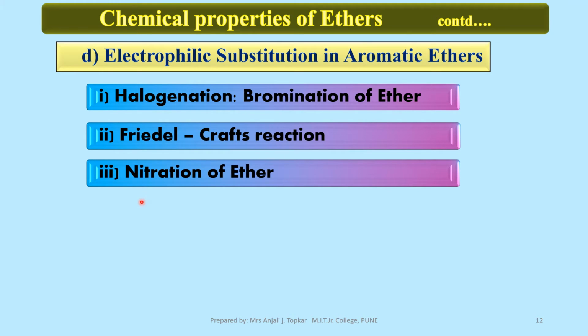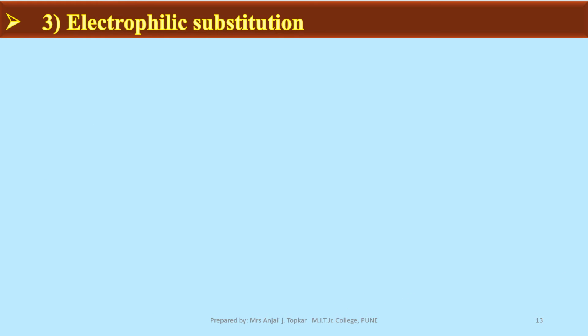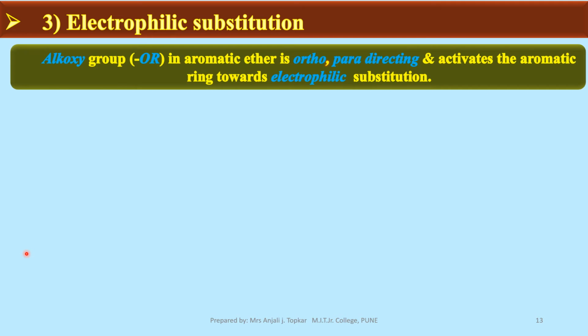Next is nitration of ether. Especially in aromatic ethers, alkoxy group, that is OR, in aromatic ether is ortho-para-directing and activates the aromatic ring towards electrophilic substitution.